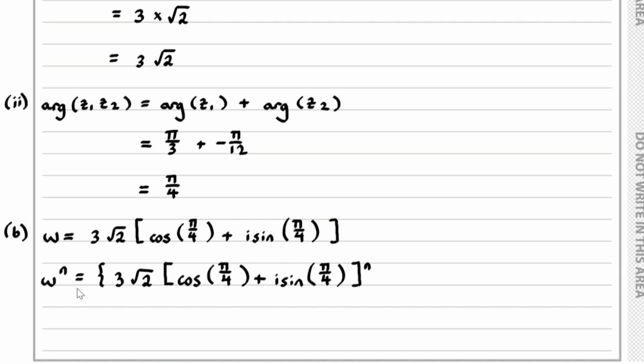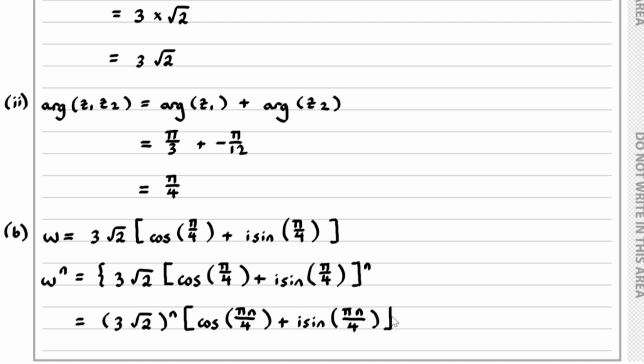And so if we simplify this even further, we have 3 root 2 to the power of n multiplied by cos of pi n over 4 plus i sine of pi n over 4. And that's just using de Moivre's theorem.